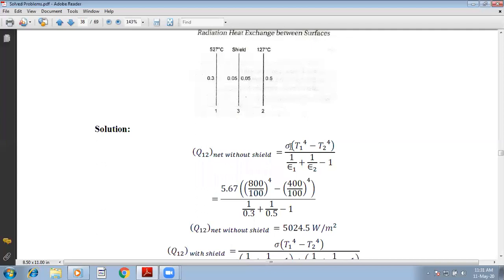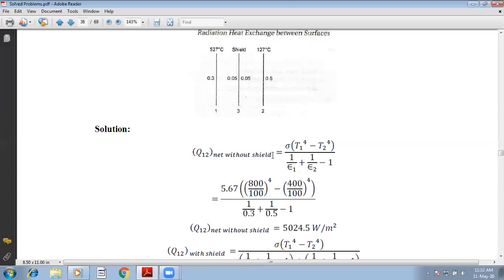So in this problem, nothing related to the area has been mentioned, hence you can consider it to be unity, into T1 to the power 4 minus T2 to the power 4, upon 1 upon epsilon 1 plus 1 upon epsilon 2 minus 1, where epsilon 1 is the emissivity of the first surface and epsilon 2 is the emissivity of the second surface. The value of sigma is 5.67 into 10 to the power minus 8.